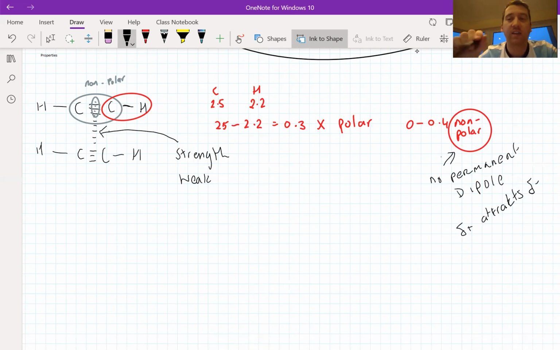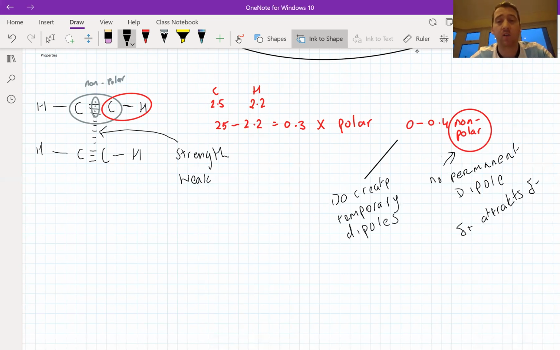All we have is electrons moving around inside the molecules, creating temporary dipoles. Again, guys, this will make much more sense if you have watched the bonding videos first. So we do create temporary dipoles just from the movement of electrons inside the molecules.